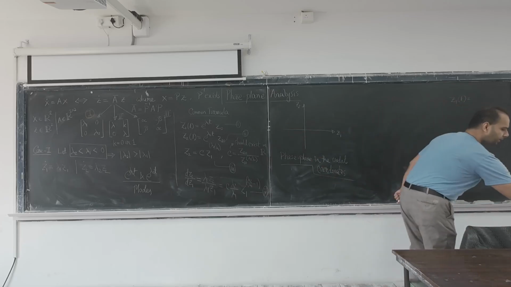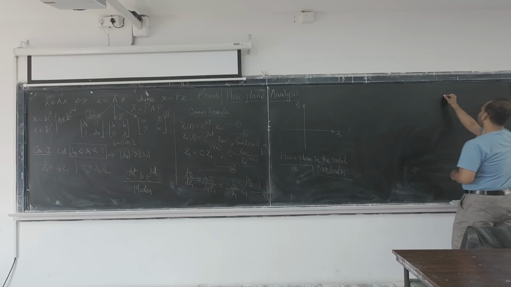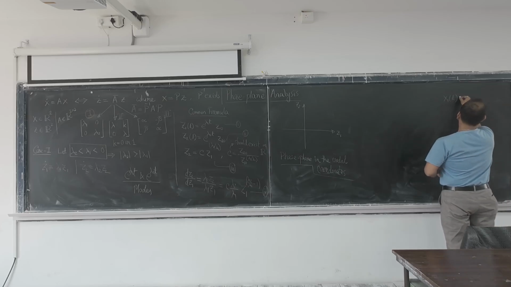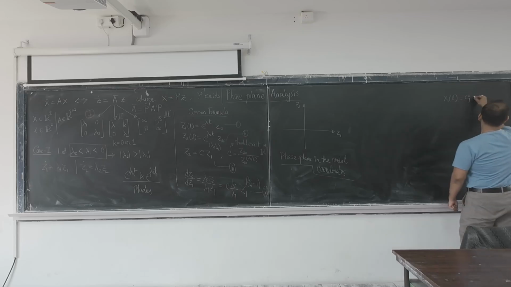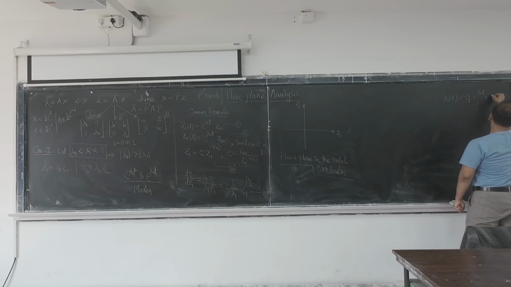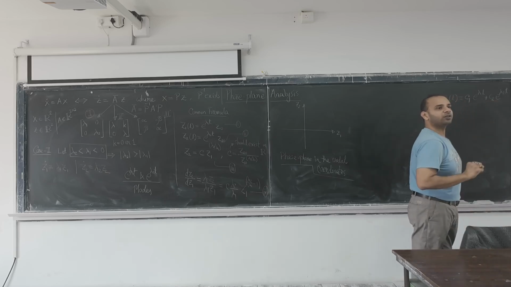But if we wish to write, why do you need the modes? Then x1(t) will also be c1 e to the power lambda 1t plus c2 e to the power lambda 2t, a linear combination of those two exponentials.